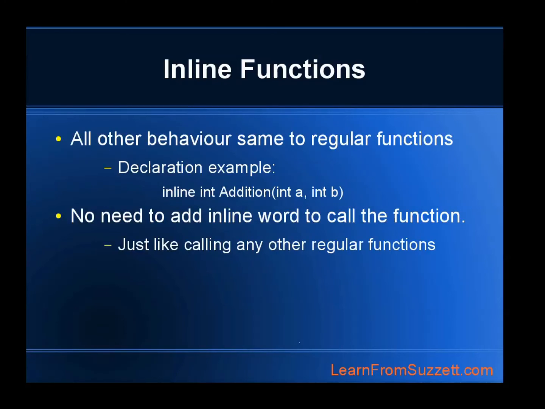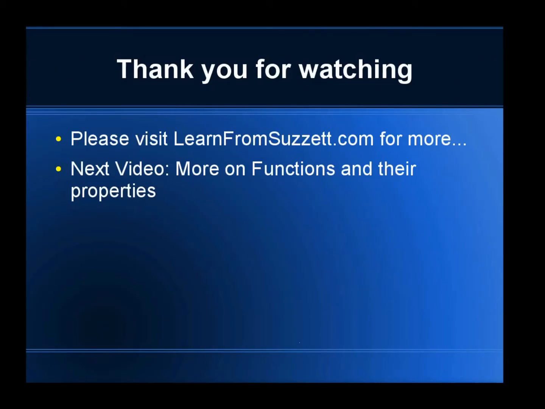So this is all that I wanted to talk about in this particular video. Let me write some programs about what we just learned to make it a little clearer, and hopefully that will help you get more of an idea about what I was talking about.